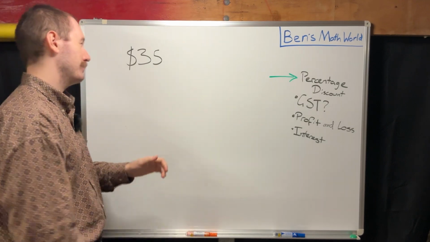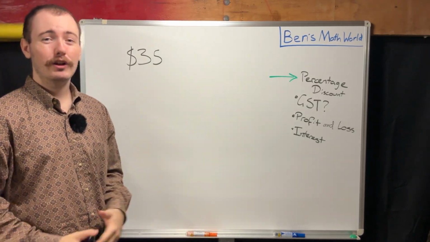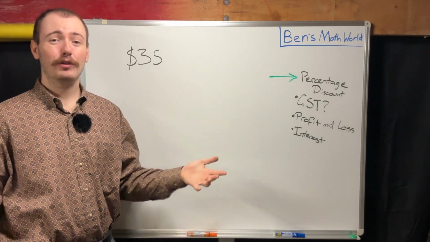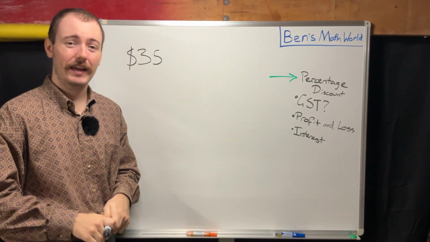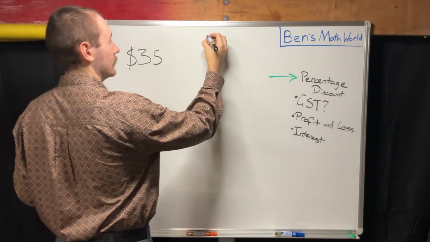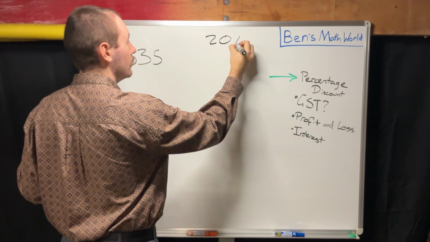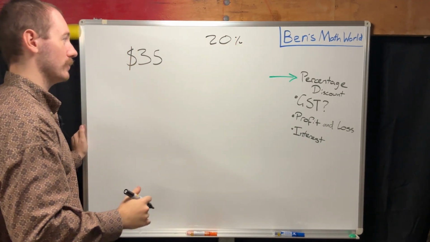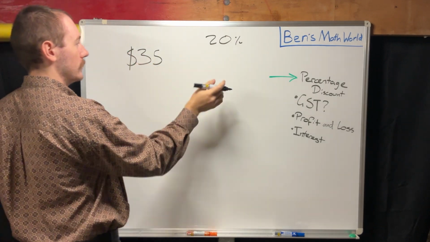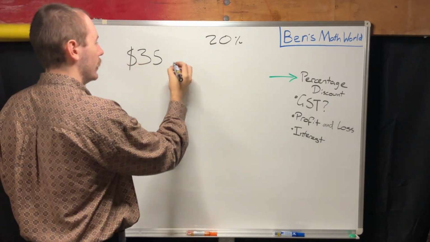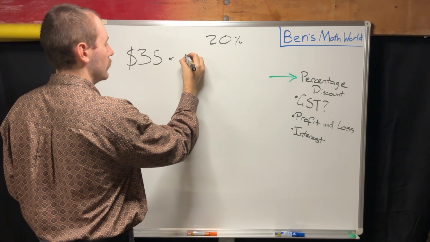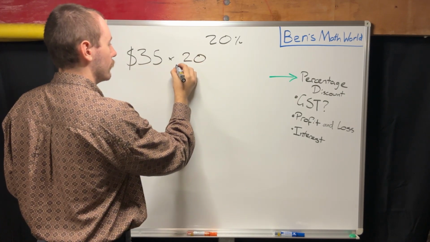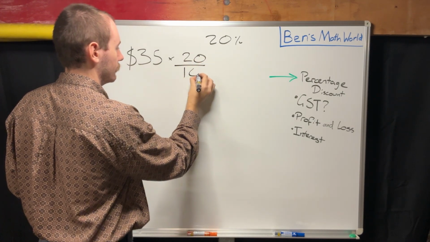So let's do one more example. Say we're buying $35 worth of KFC and we have an employee or a family discount or something like that of 20%. Now let's work out how much we're going to save with this 20% discount and how much we actually have to pay. So remember, like we did before, percent means over 100. So we're going to multiply this by 20 and we're going to divide 100.